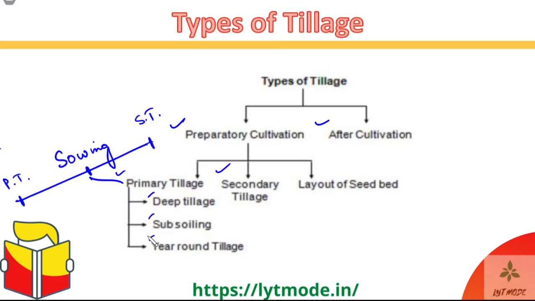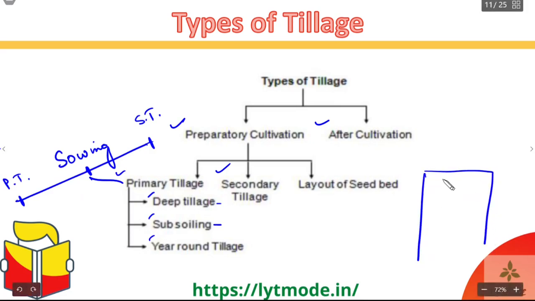So the deep tillage is basically the one which turns the large sized chunks or large sized clods of soil into smaller chunks, or basically breaks down the soil. That is the core aspect why the deep tillage is done. Then there's subsoiling. Subsoiling is basically done to remove the hard pans of soil. So basically, let's say this is your entire soil profile, wherein this is your topsoil, this is your subsoil.